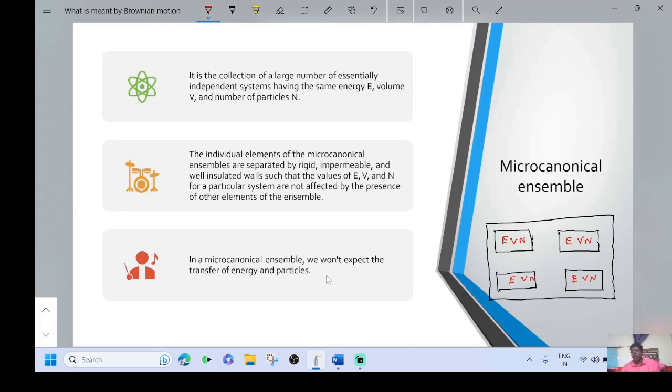These are all insulated, one from the other. In a microcanonical ensemble, we don't expect the transfer of energy and particles.